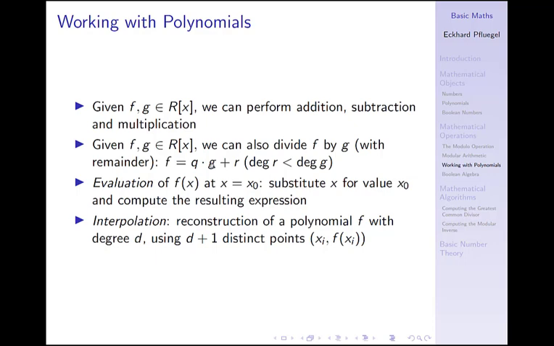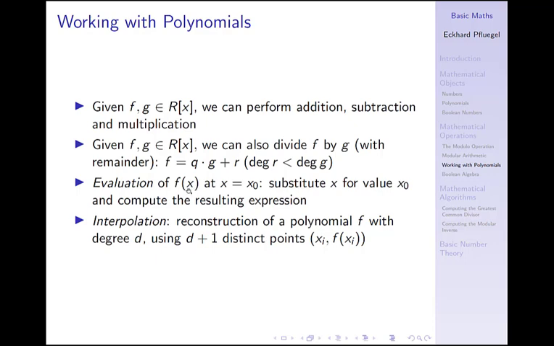And then there are two more things that are very useful and important when we think about applications to cryptography: the evaluation of a polynomial and the task of interpolation. So very briefly, what is that? Evaluation of a polynomial at a given point x equals x0 is not difficult. This is just again the idea to view your polynomial as a function.